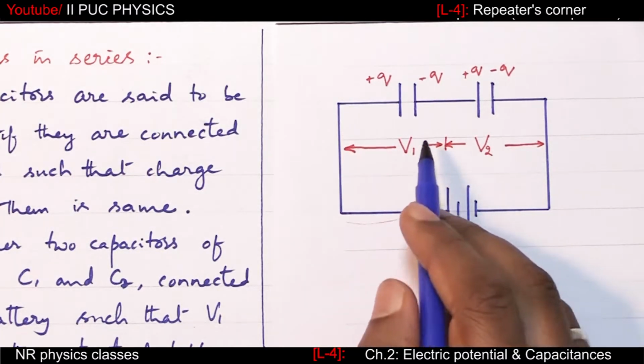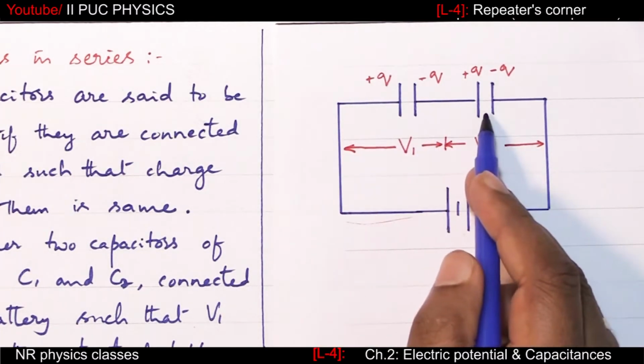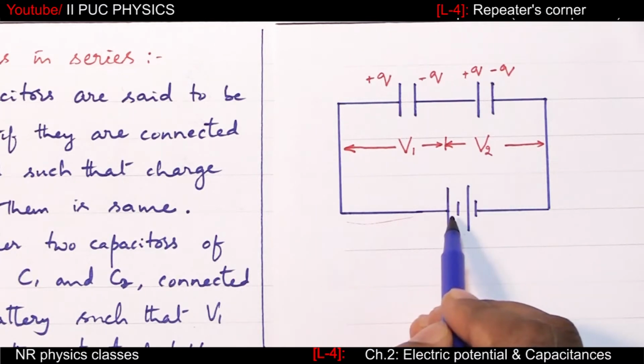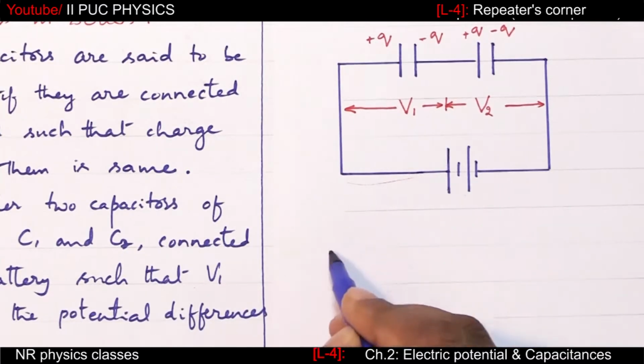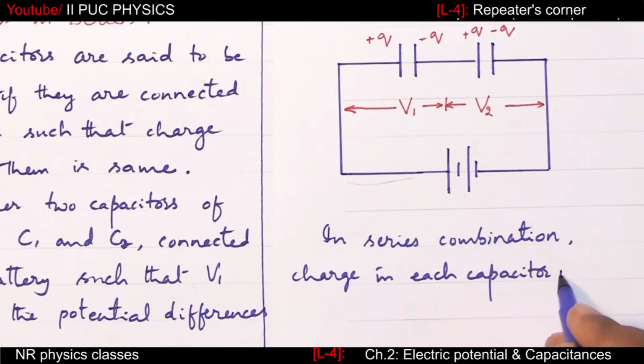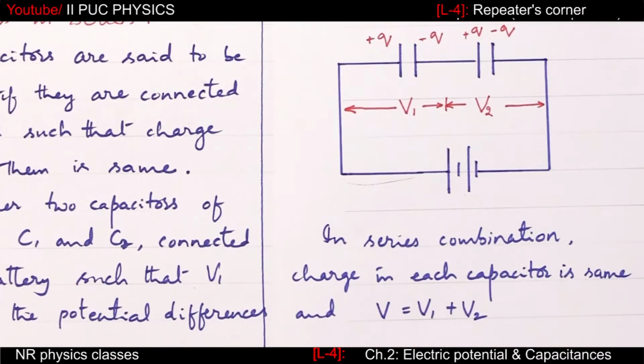In series combination, charge in each capacitor is same and V1 plus V2 equal to V applied. V equal to V1 plus V2.